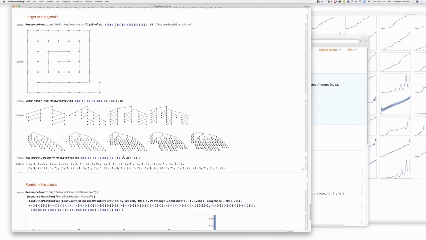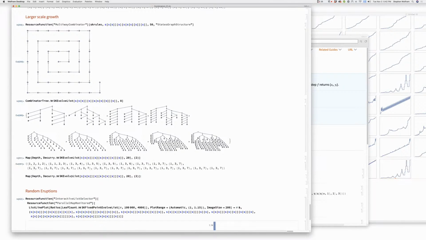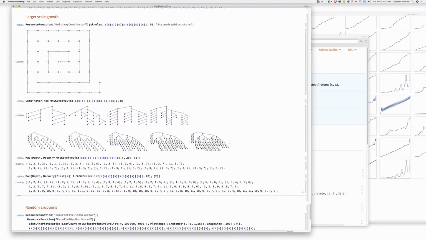Well, isn't that interesting? Okay. I bet this is very regular as well. Whenever you think you know what's going on, you don't. That's crazy.